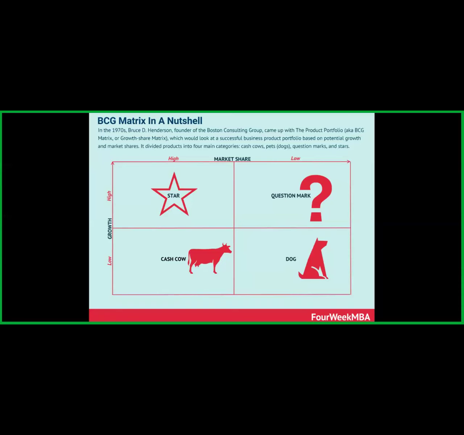That we are going to discuss in the next session. We will be discussing what is star, what is cash cow, what is dog, and what is question mark. It talks about growth of the company.